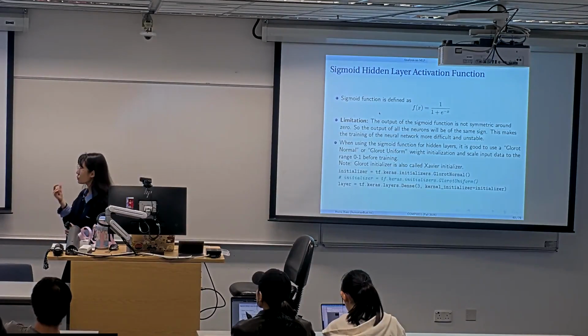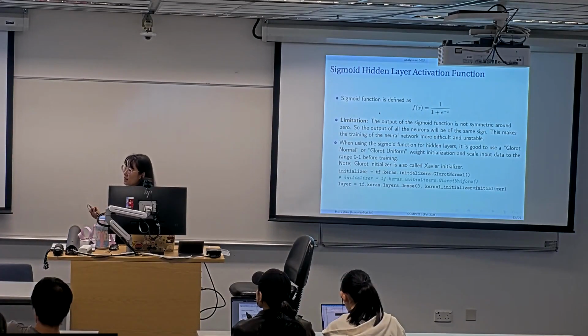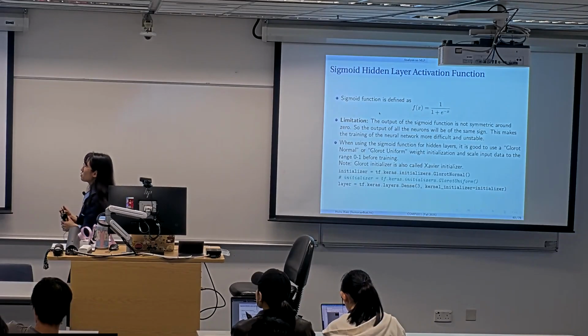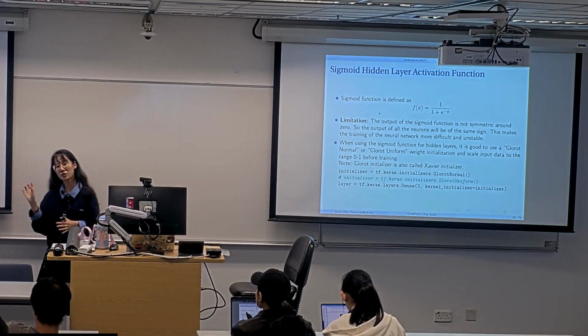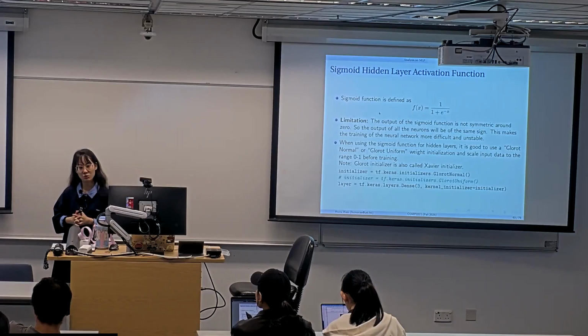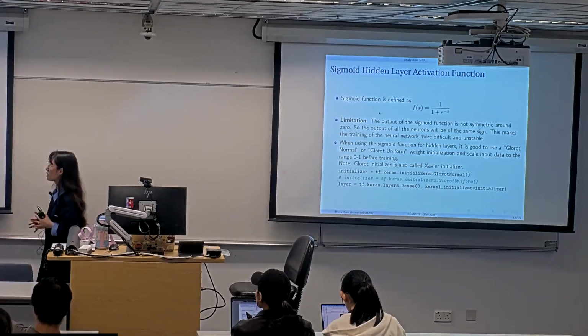Usually it's better that the output can have different signs, and ideally be symmetric around 0. This is one limitation, and very soon we will talk about how to solve it by using the hyperbolic tangent.